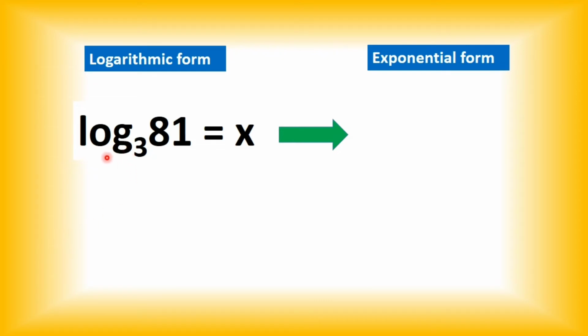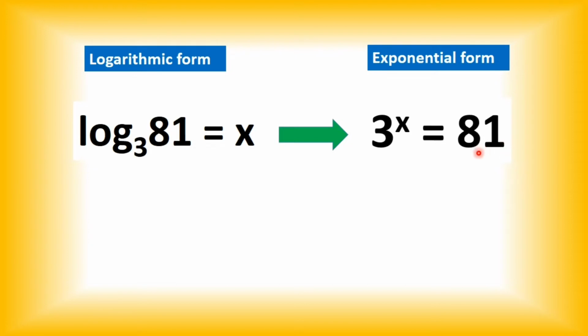For example, log base 3 of 81 is equal to x. Change it to exponential form, so we have 3 raised to the power of x is equal to 81. We have here the equation.